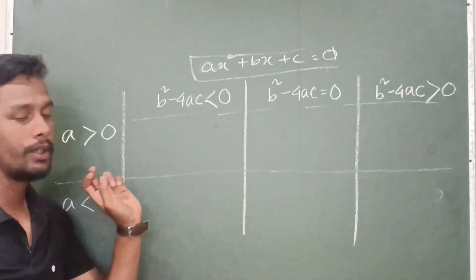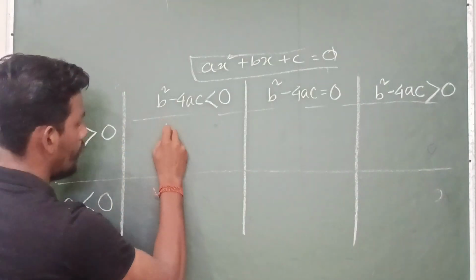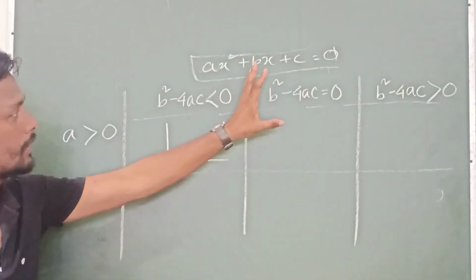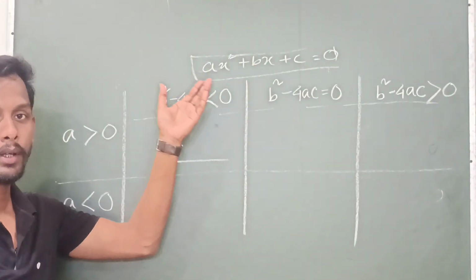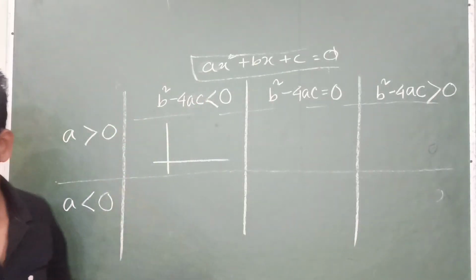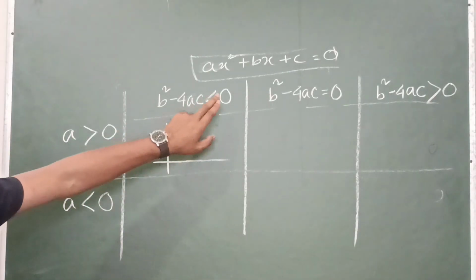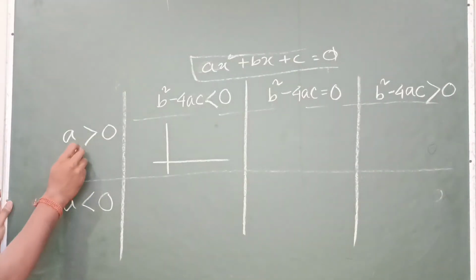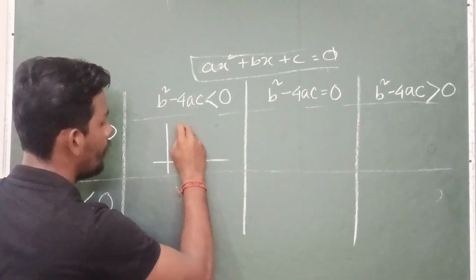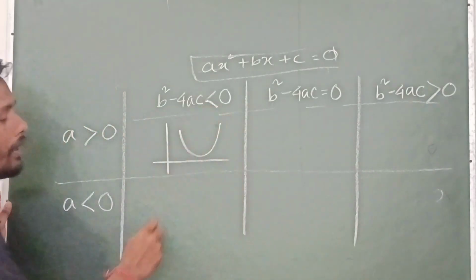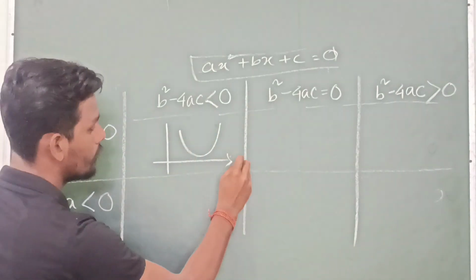Now see the graph. If the discriminant which we get from the quadratic formula, b square minus 4ac, is less than 0, and a is greater than 0, in that case the graph will be like this. It will not intersect the x-axis.